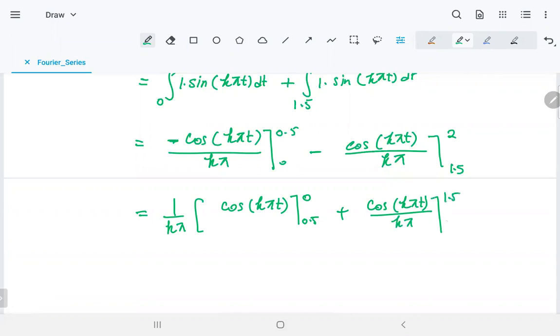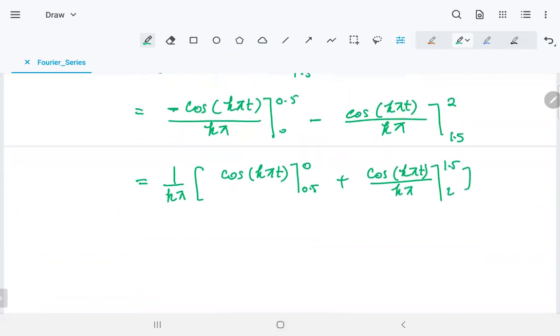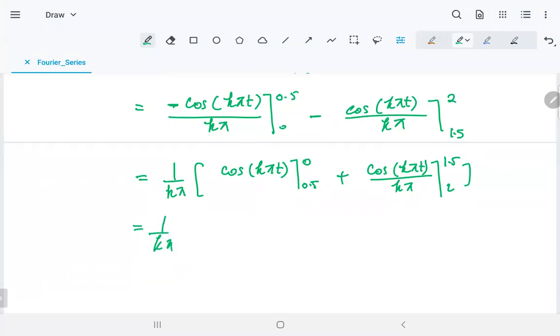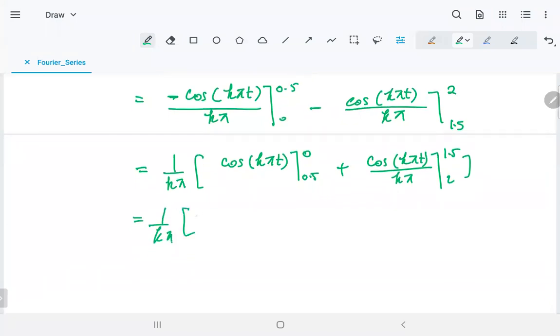Integration. Okay, now we'll start our business: substitute and see when it's 0, when it's 1. Cosine, first I put cosine 0, minus cosine k pi over 2.